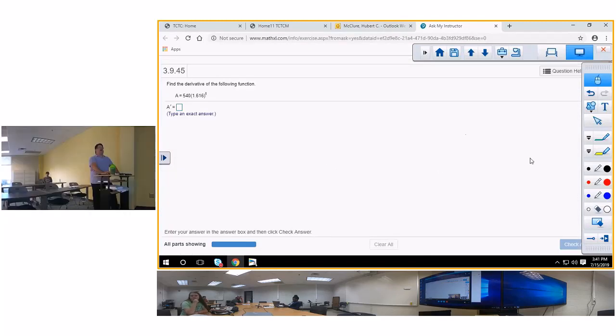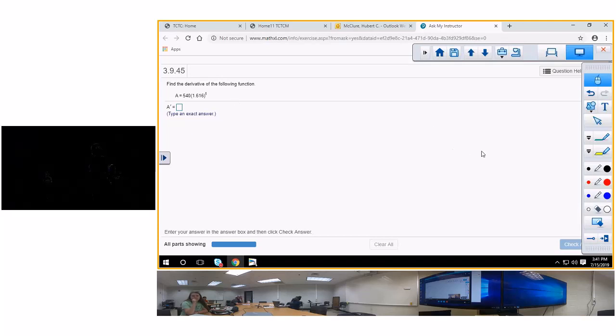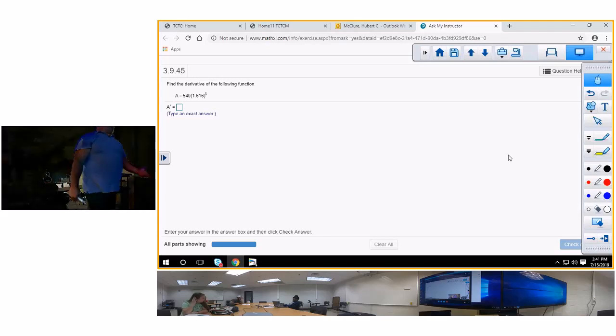Same type, but on this one, you can save yourself a whole lot of trouble. Okay? This one is not long at all. This one just has a constant.